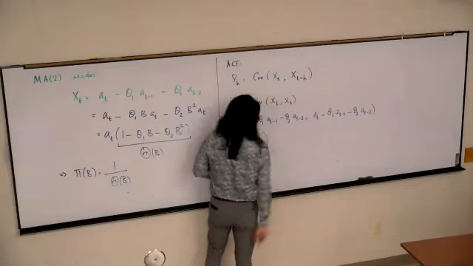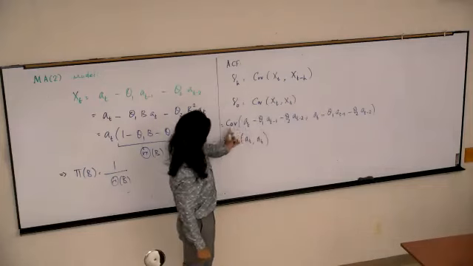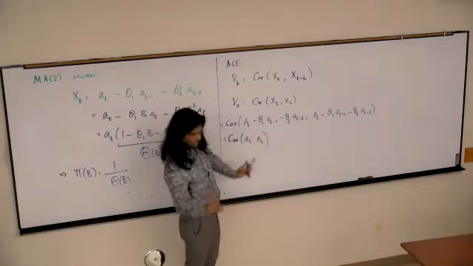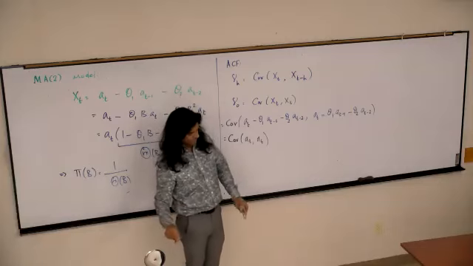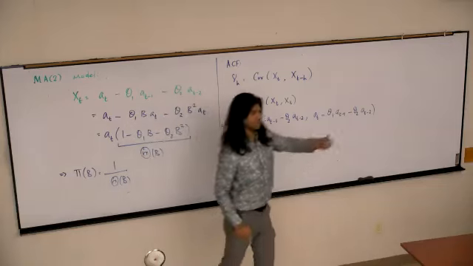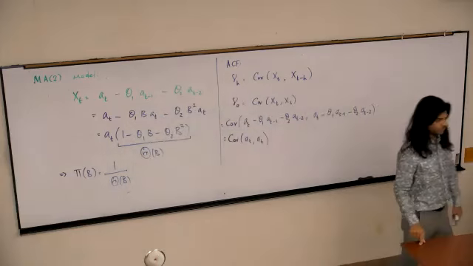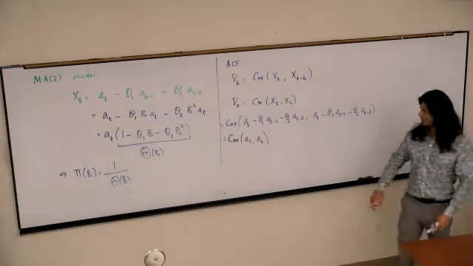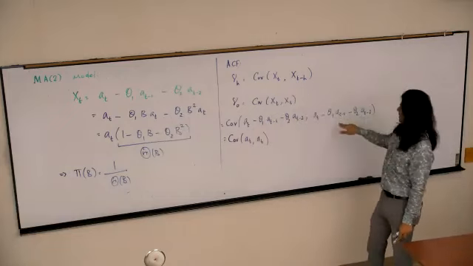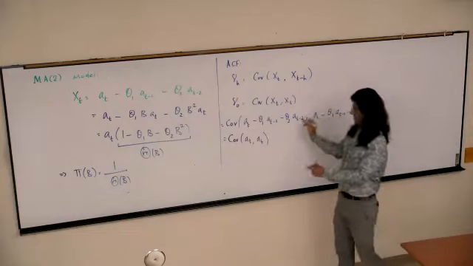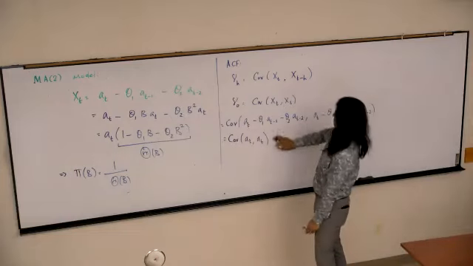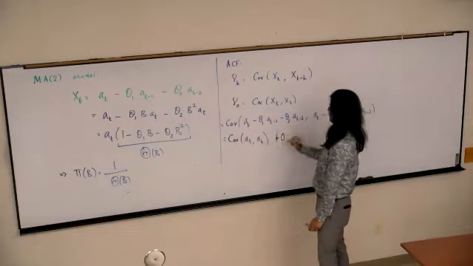This and that: the noise component at time t, would it have anything to do with the noise component at time t minus 1? No. So the covariance of this and that term will be 0.